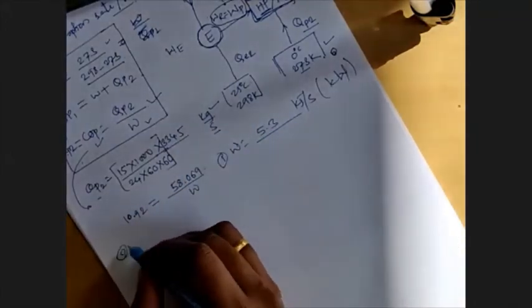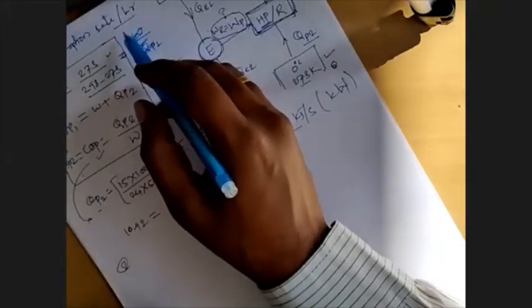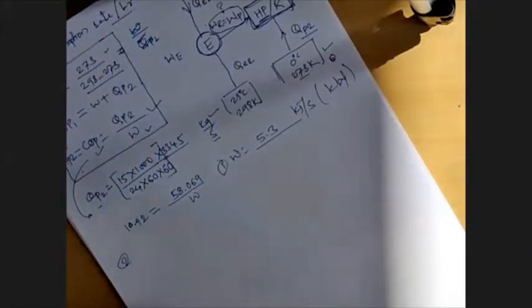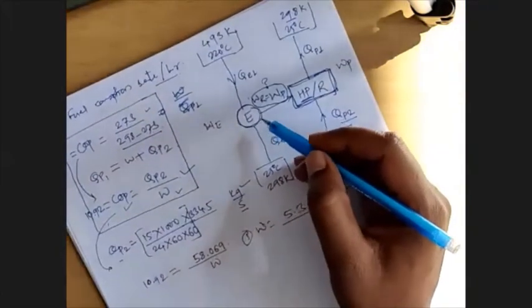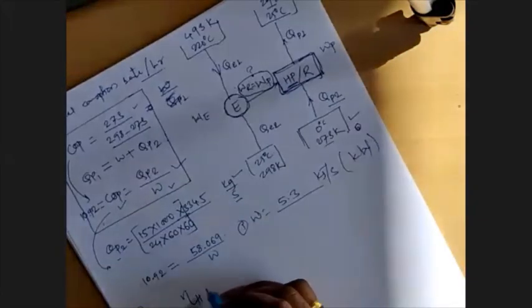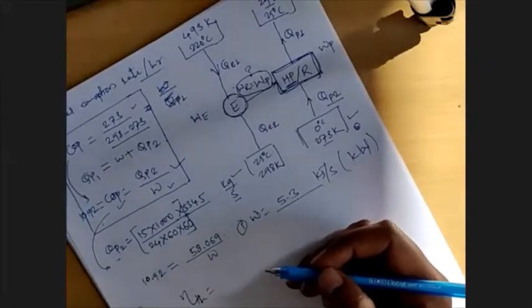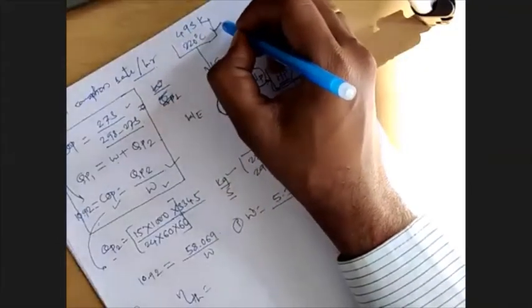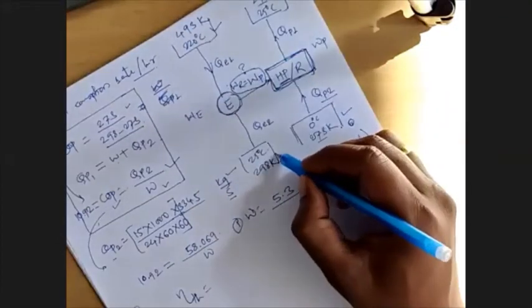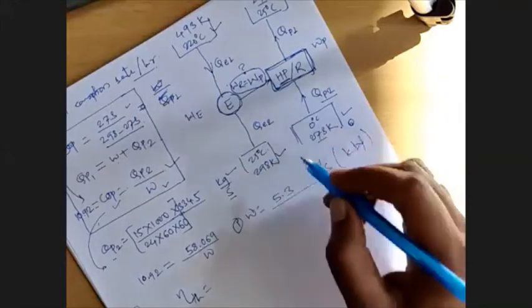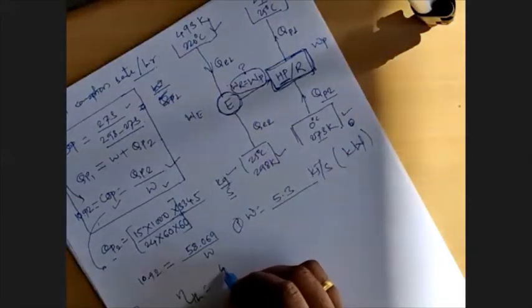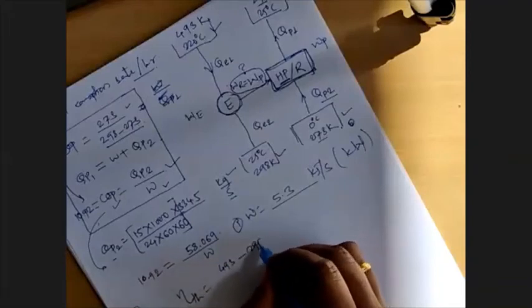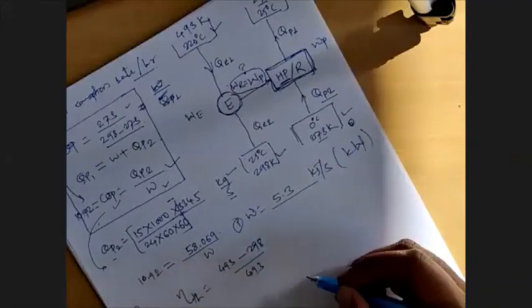Now let's go for the second one, fuel consumption per hour. So now we need to solve for the heat engine. Let's write the relation for the heat engine. N thermal is equal to, again, this is the temperature of the source, 493, and this is the temperature of the sink, so 493 minus 298 divided by 493.